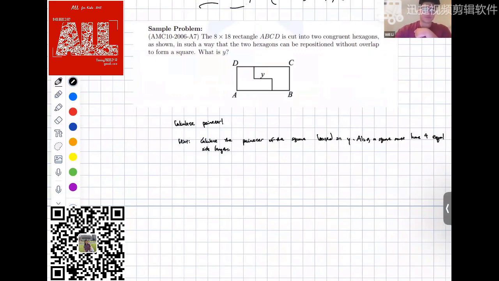Okay. When you get the answer, just probably message me in the chat. This is actually from the AMC 10, but this is still a good practice.